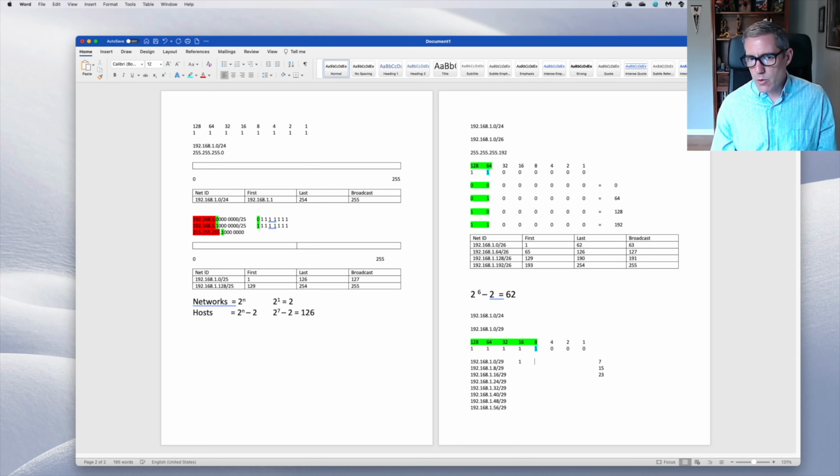So first address is 1, last address is 6. First address on the second network is 9, last address is 14. And we'll just do the third one. First address is 17 because our network address is 16. Our last address is 22 because our broadcast is 23.